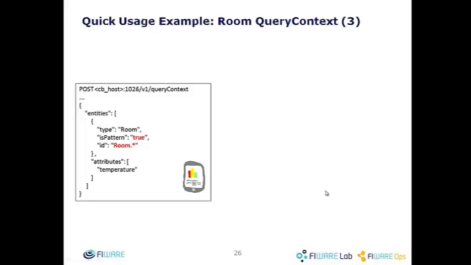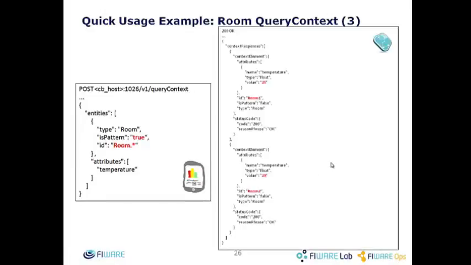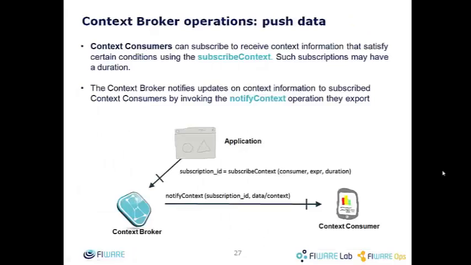And so we're using a regular expression on the ID part of the query, and we're using dot asterisk, which is a special regular expression, and it's going to get us all the attributes of all the entities beginning with room. So the response is going to be this one. See, you have room 1 with all its attributes, and then room 2 with its attributes, and so on.